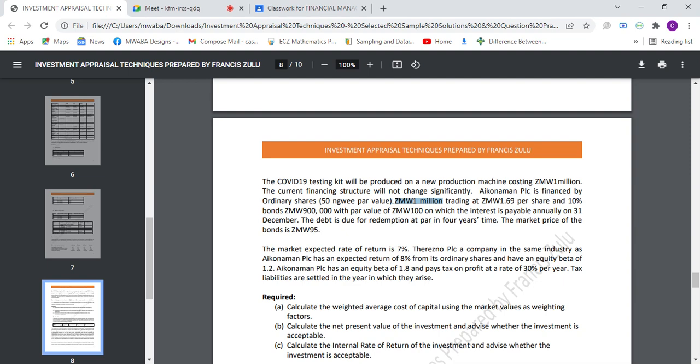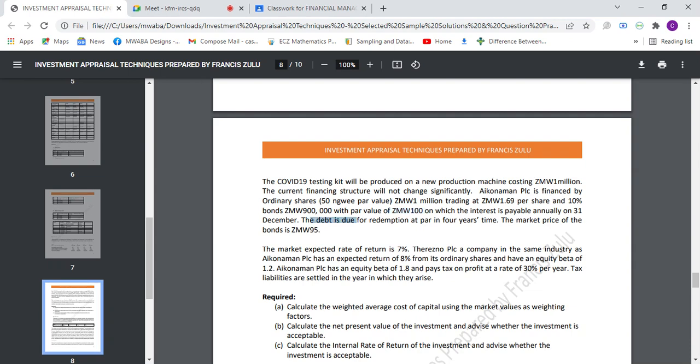And 10% bonds, 900,000 with a par value of 100 kwacha, on which the interest is payable annually on the 31st December. The debt is due for redemption. So we're dealing with redeemable debt.